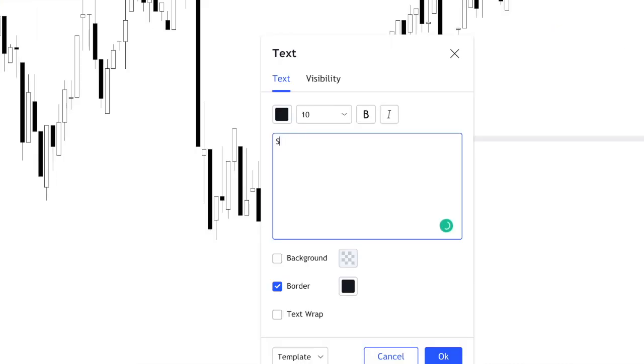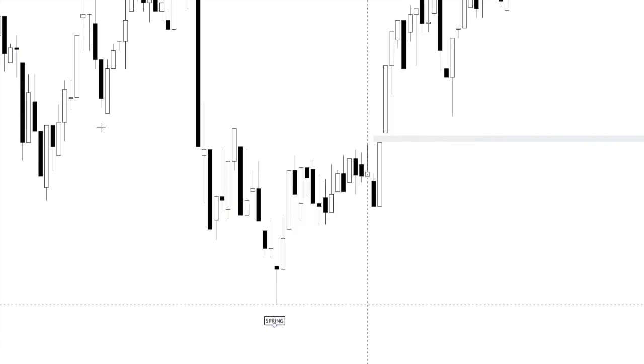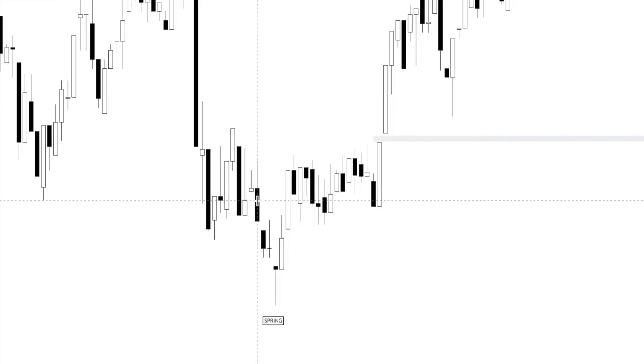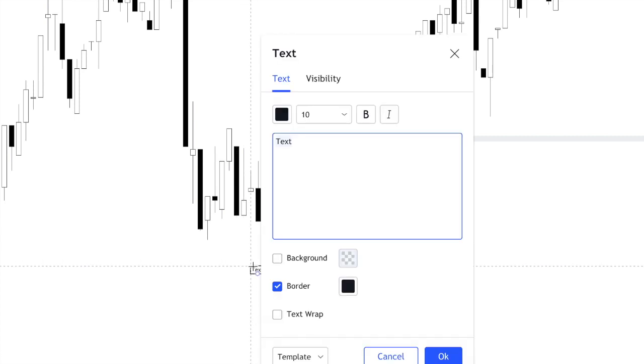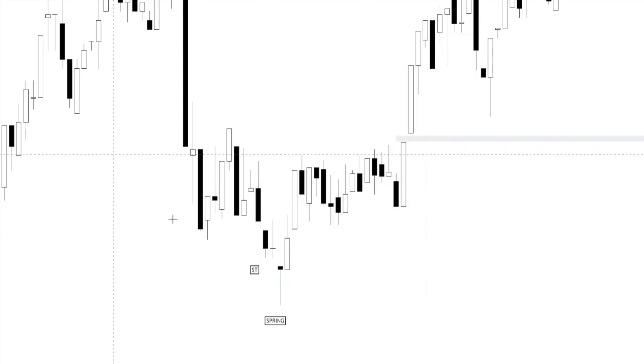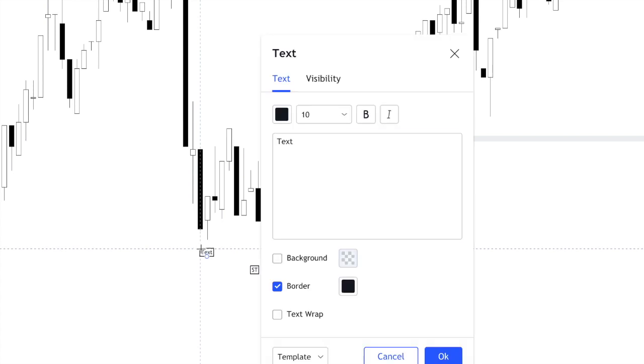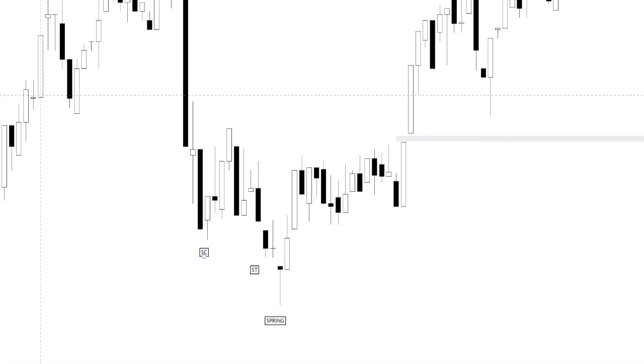The first thing I mark up in my accumulation is the spring, which is the lowest low. And then my second test, which for now I'm going to label here. I'm probably going to move it later. And then my selling climax would be here. And then after my selling climax, I'm going to talk about this order that I'm marking this up in my next video.